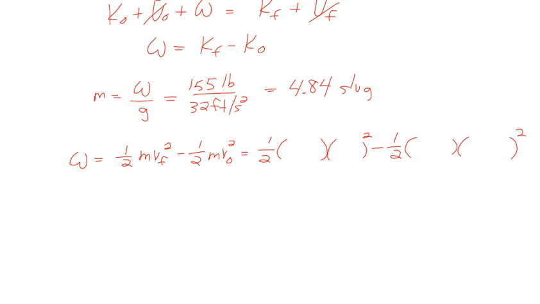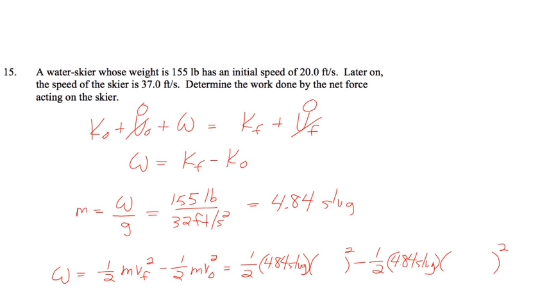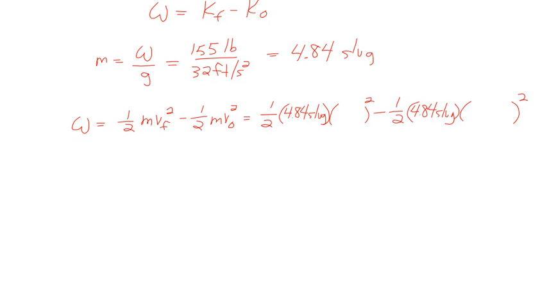So the mass is 4.84 slugs, so I can put that there and there. And the final velocity, the final was 37 and the original was 20. So the final goes here, 37 meters per second, and the 20 goes there.